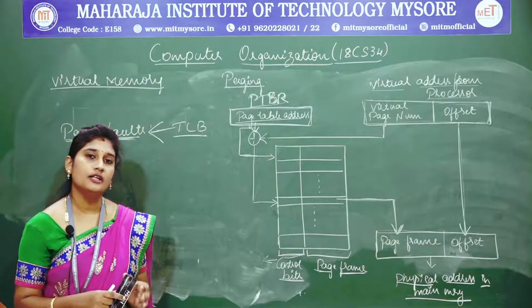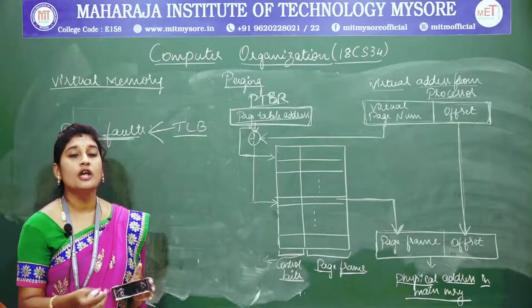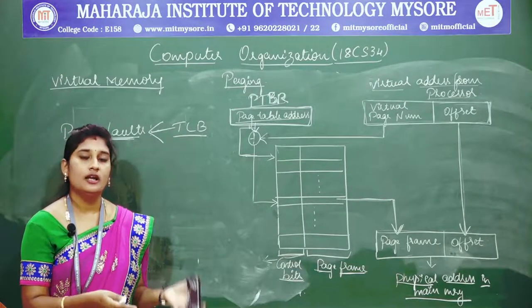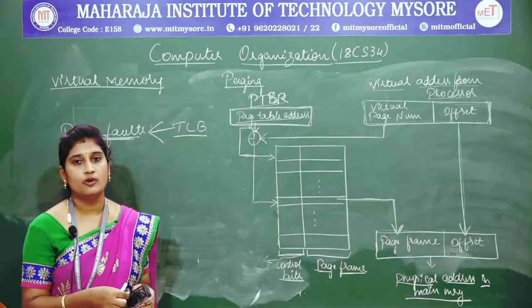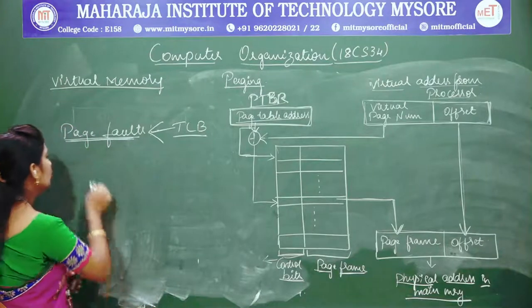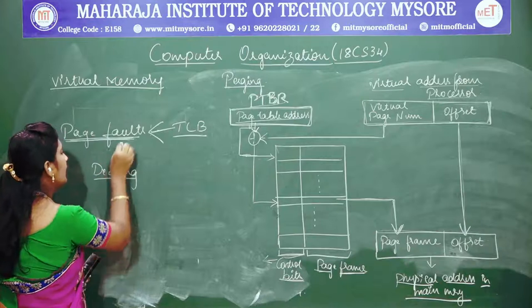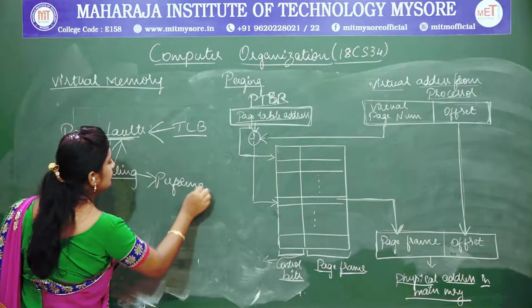Once you find the data in the secondary storage, you can suspend the execution of the current task, and then resume the execution of your halted instruction. This is how you deal with page faults and increase the performance of the system.